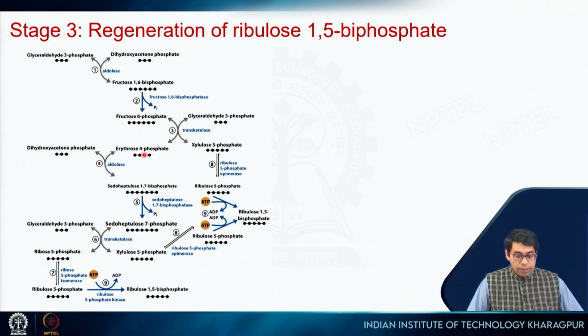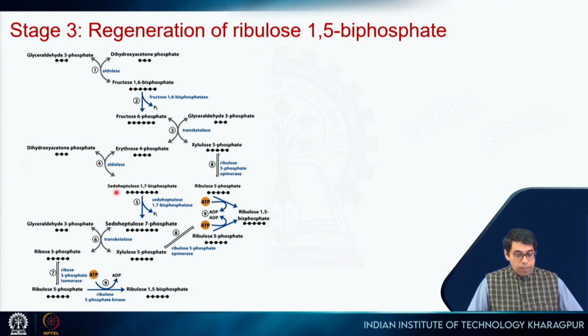Okay. Now, the 5 carbon molecule is used up here, this 4 carbon molecule combines with another molecule of dihydroxyacetone phosphate which comes from glyceraldehyde 3-phosphate, right. So 4 plus 3 is 7. These are condensed to form a 7 carbon molecule by the same enzyme aldolase. You see, it's the same enzyme.